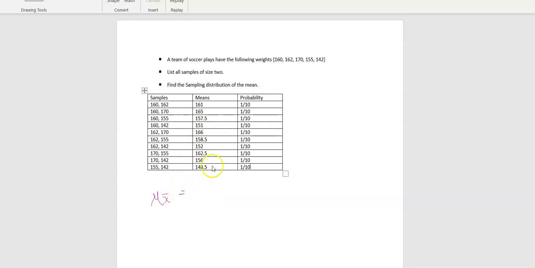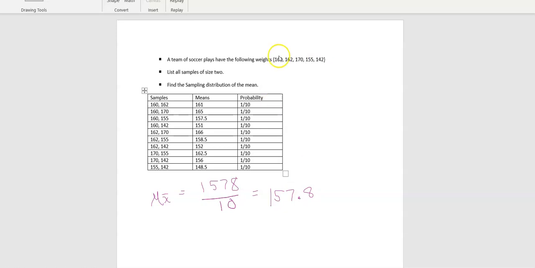So in other words, if I add together this entire column, that is 1578. And if I divide by the number of means that I have, 10, that gives us 157.8 as the mean of the sampling distribution. So the mean of the means.